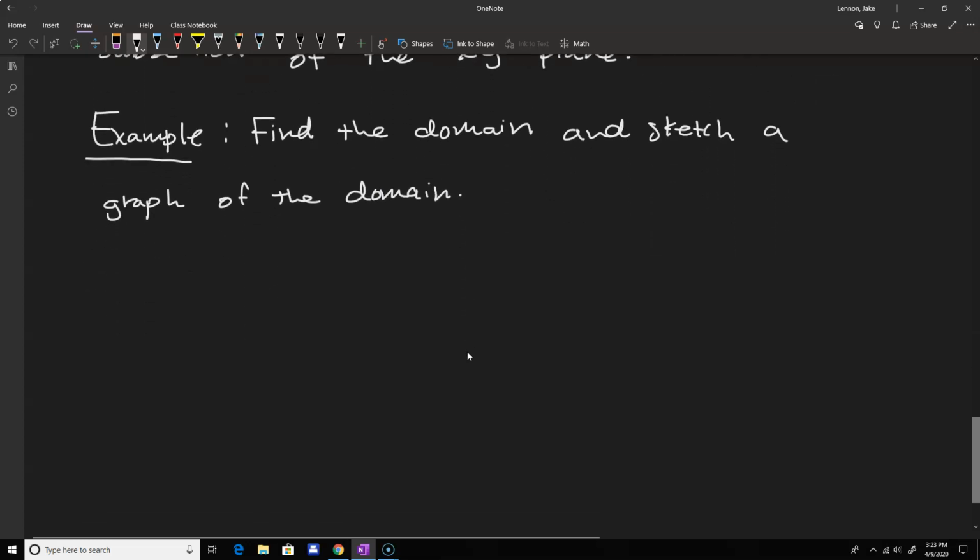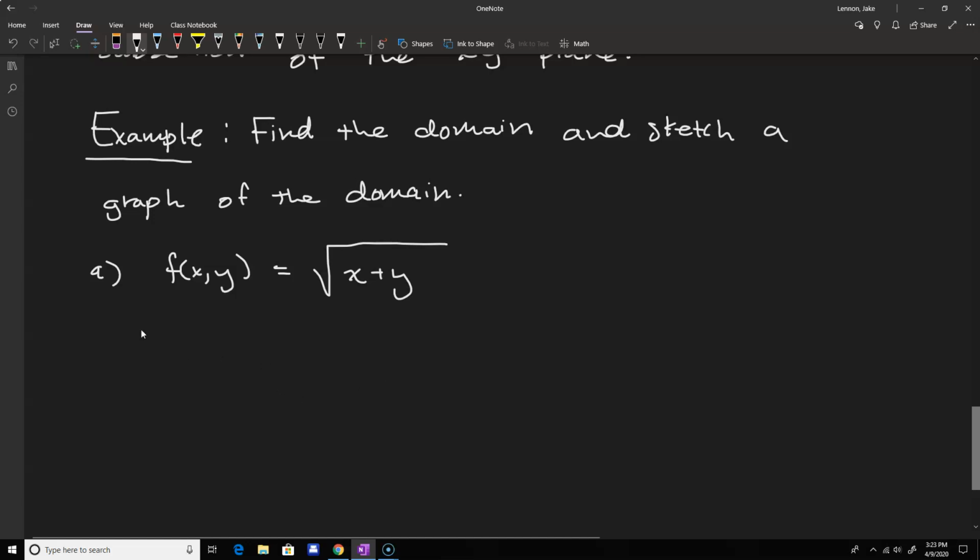So let's look at this first one. Let's say f of x, y is the function, the square root of x plus y. So when we're finding the domain here, again, our functions we're talking about in this course are just real valued functions. So we need for our output to be a valid real number.